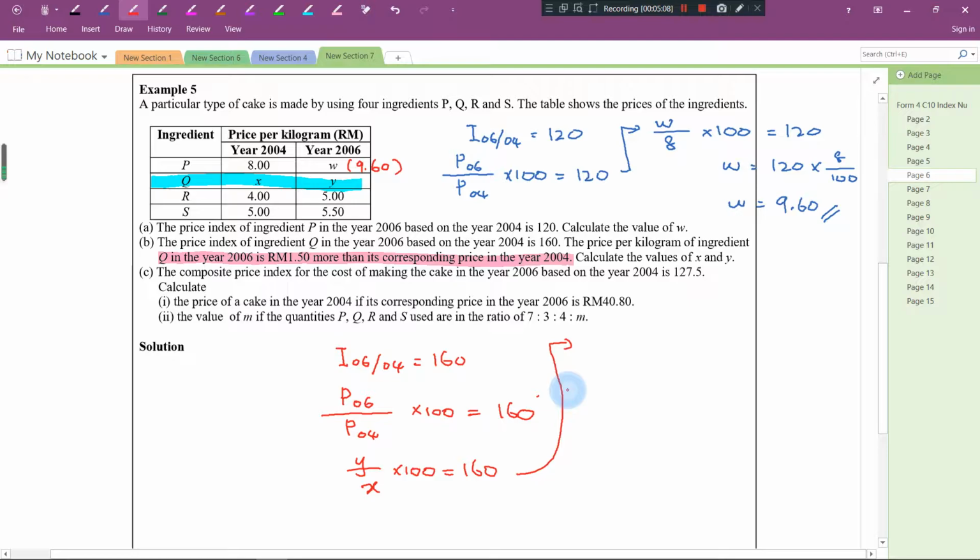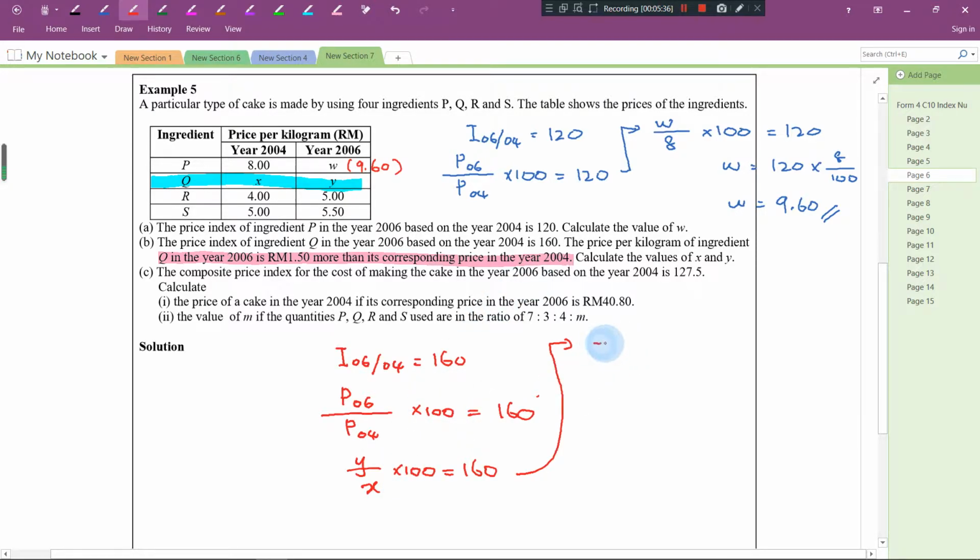Okay, now we have a problem here. We have two unknowns. So how do we get the value of Y and X? This information is going to help us here. The price per kilogram of ingredient Q in the year 2006, Y, is 1 ringgit and 50 cents more than its corresponding price in 2004.